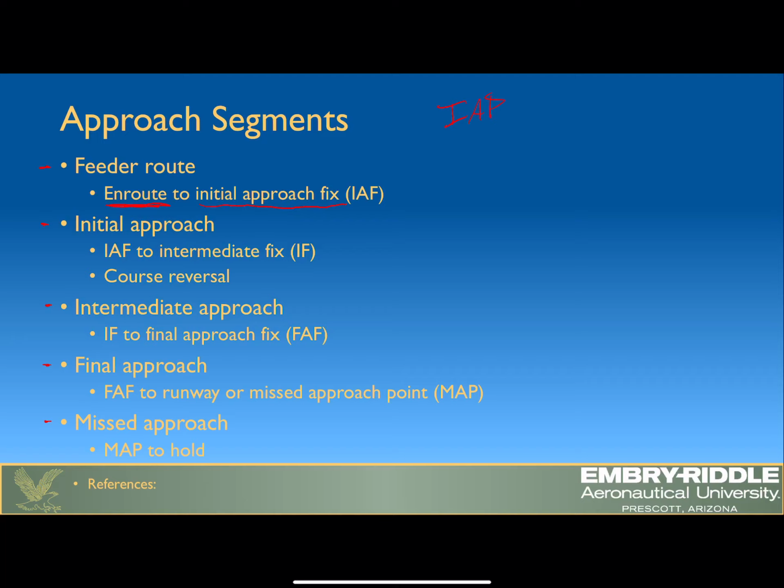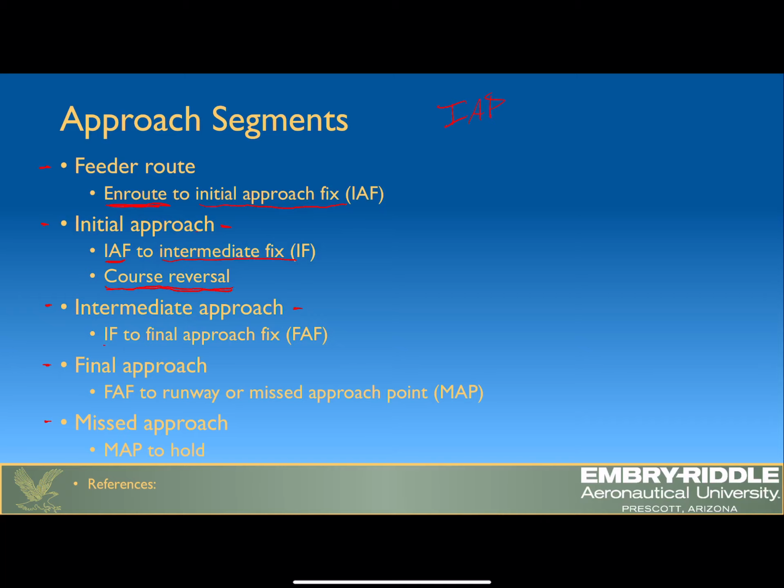The initial approach, or the initial approach fix, you can consider this like the starting point on an instrument approach. This will take you from your IAF, or initial approach fix, to your intermediate fix. And a lot of times this will include the course reversal, depending on which direction you come from. Then next we have the intermediate approach.